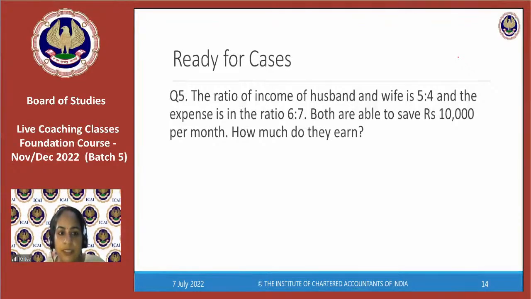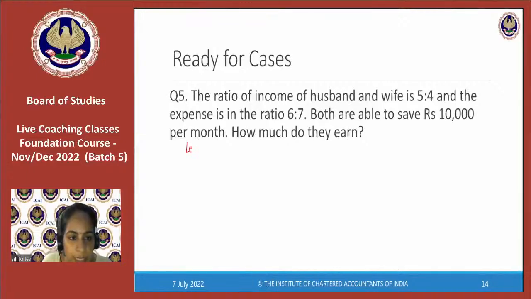Okay, now this is quite a technical kind of question. This is actually similar to what we have in the study material also. So yes, this is the last question. This one says the ratio of income of the husband and wife is 5:4.